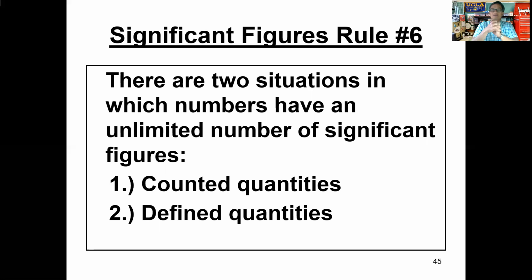The second situation where we have an exact number is when we have what are called defined quantities. These defined quantities will come into play a lot more when we deal with conversions. Make sure you understand this: these defined values are equivalences.